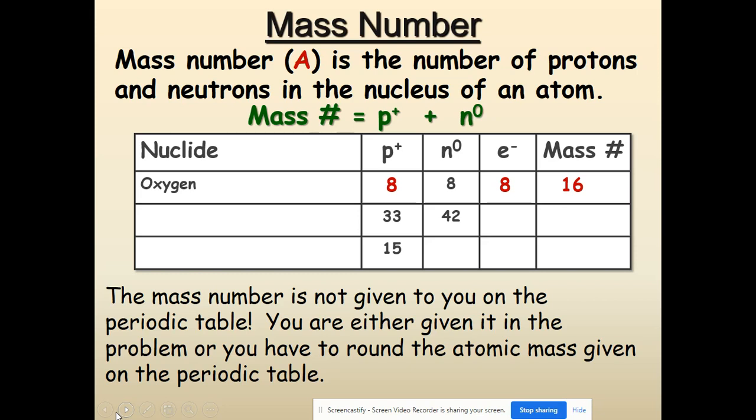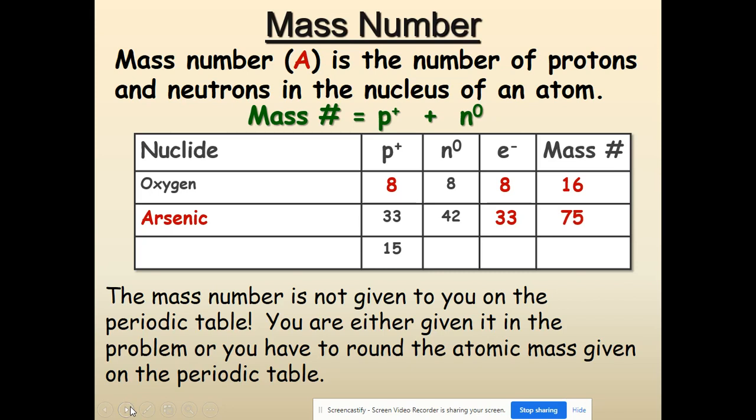If we look at a periodic table, what we will see is that oxygen's mass that's given to us on your periodic table is 15.999. Actually, yours has 16. Some periodic tables will be 15.999. So if we look at arsenic, arsenic has 33 protons. If we're talking about the isotope that has 42 neutrons, it's neutral, so it will have 33 electrons.